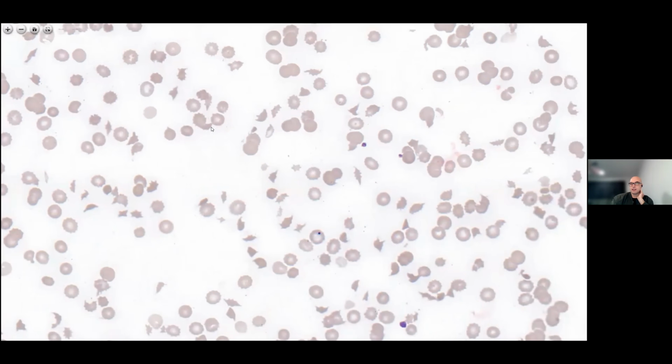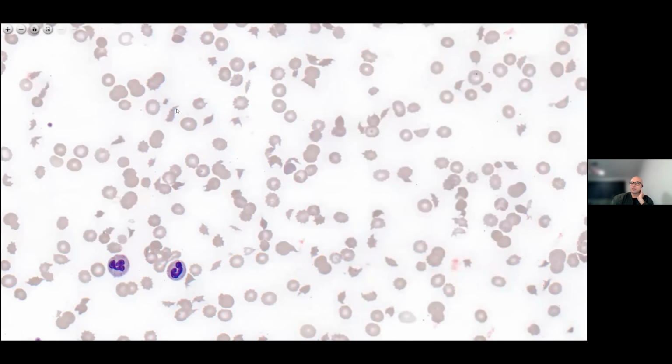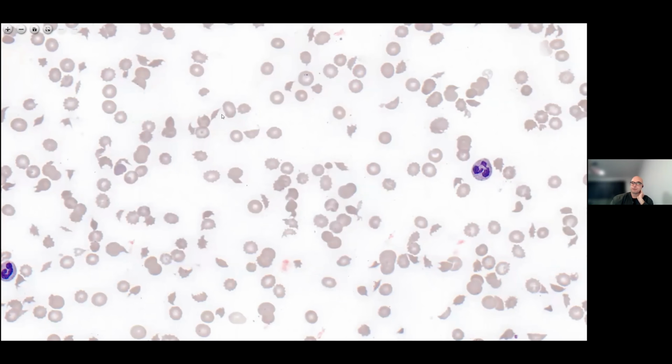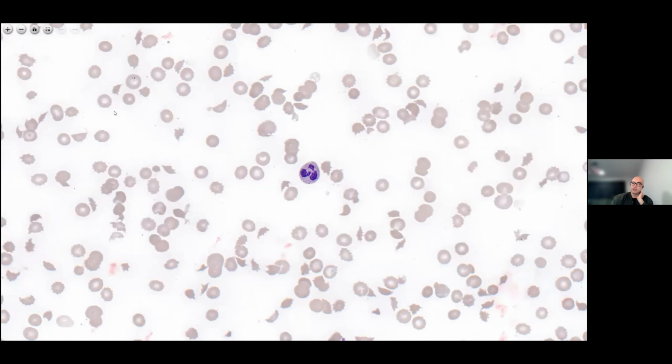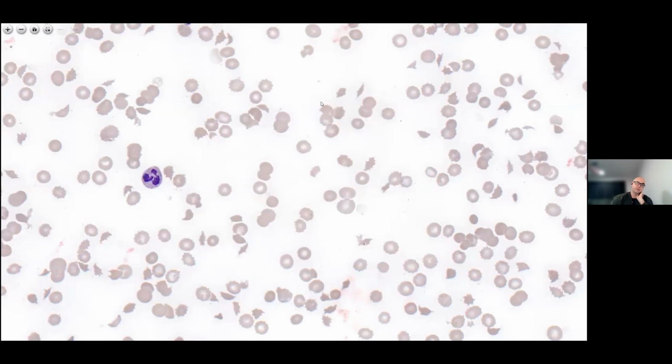Schistocytes, that is the other most significant thing. They're the herald of a microangiopathic process or mechanical hemolysis occurring in vivo, inside the person's body. That could be due to a damaged heart valve, and the high forces applied to the red cells when they're passing over a damaged valve are causing the red cells to tear, or a prosthetic valve that is damaged or has fibrin starting to form on it.